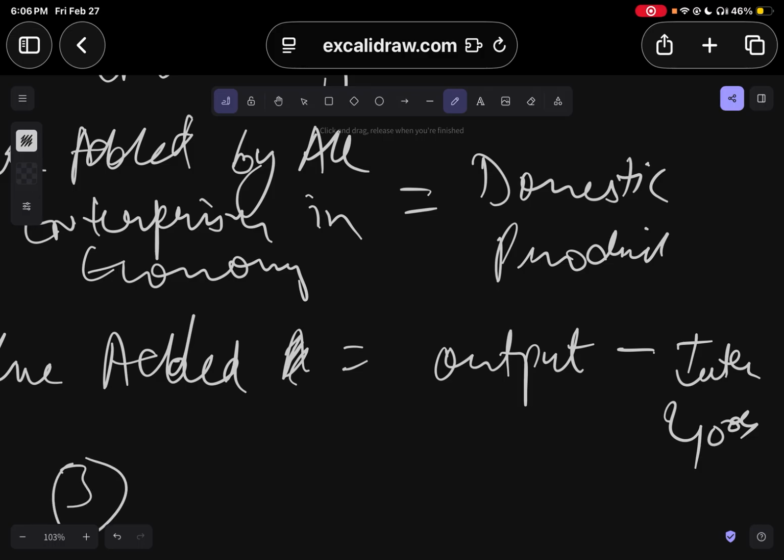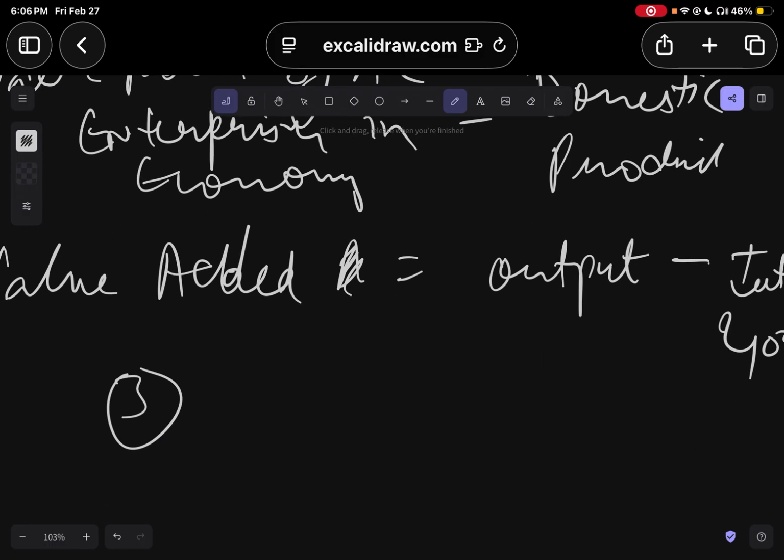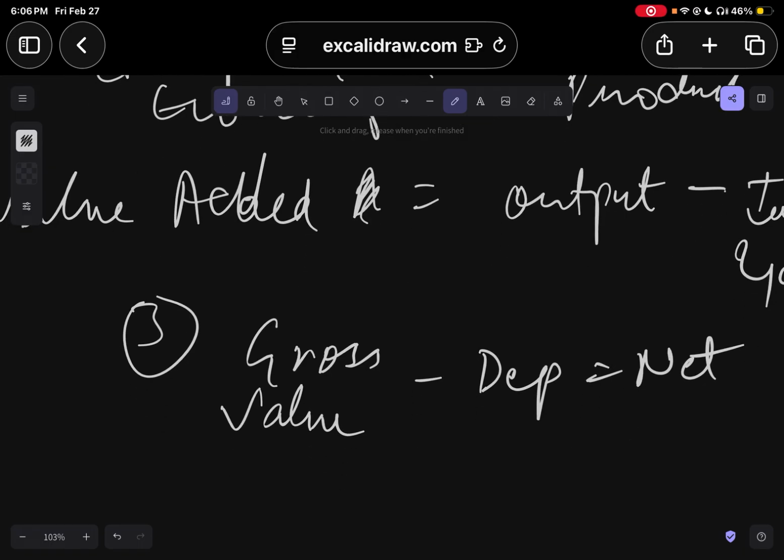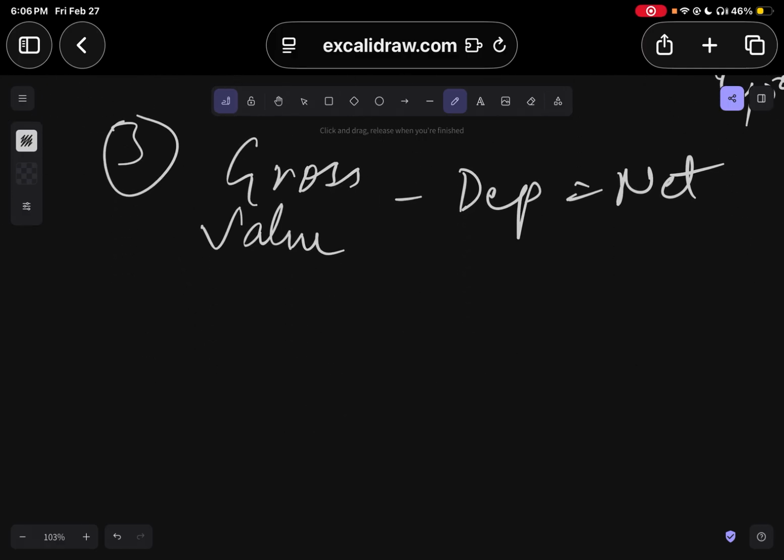Third is gross value minus depreciation, which would be equal to net value. So depreciation is the value of capital stock which is lost due to normal wear and tear and foreseen obsolescence. So not unforeseen but foreseen obsolescence. Depreciation fund is kept to keep value of capital goods intact. Replacement value of capital or consumption of fixed capital is depreciation.